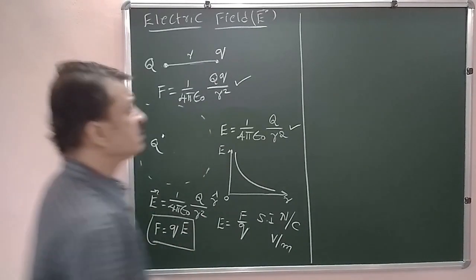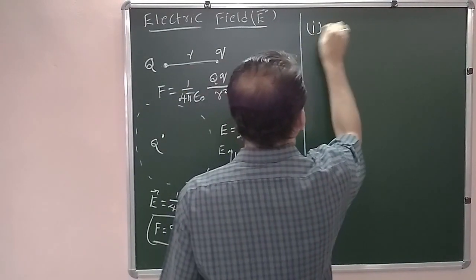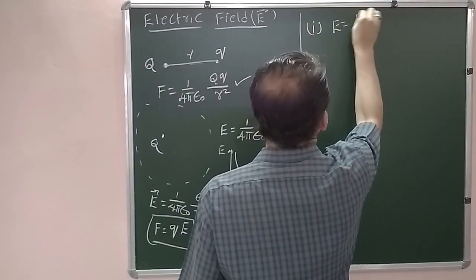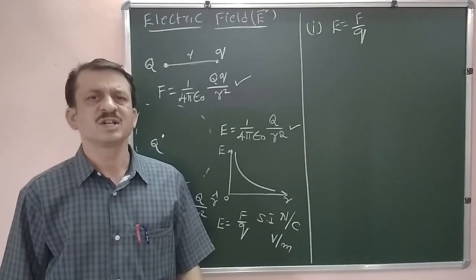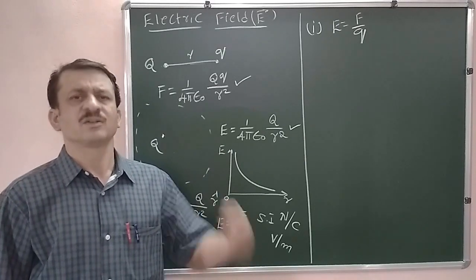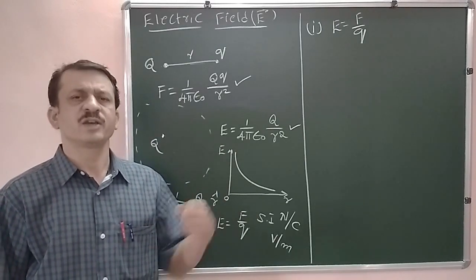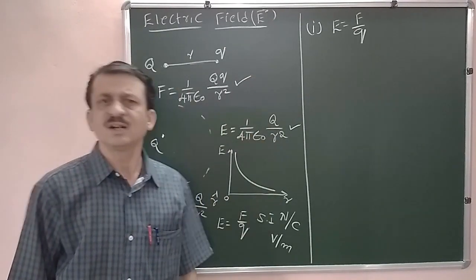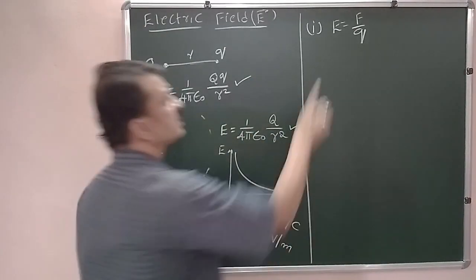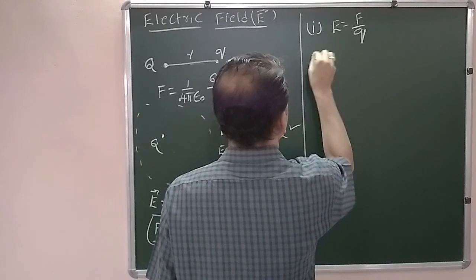Now from this expression, we define the electric field as E is equal to F by q. Electric field due to a point charge at a point is the force experienced by a unit positive test charge placed at that point. So that is the first remark.